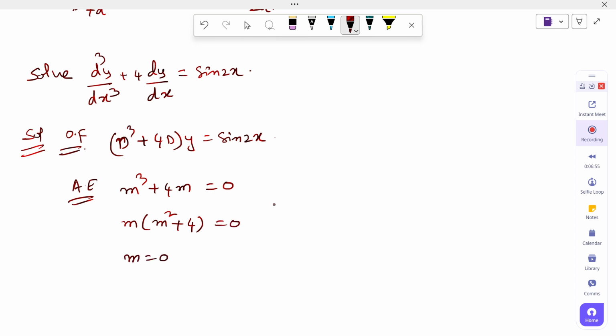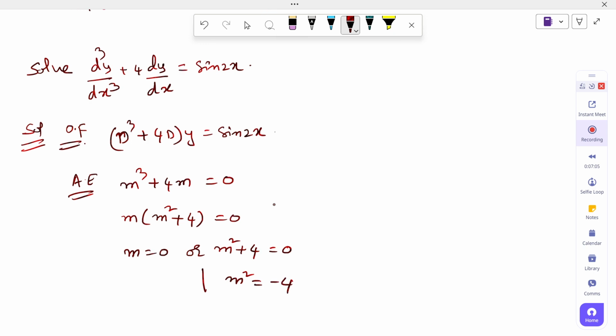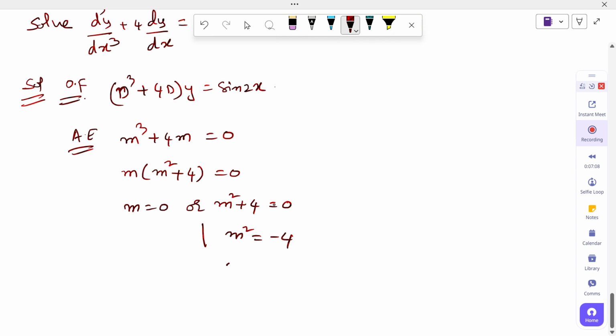So m is equal to 0, or m square plus 4 is equal to 0. m square is equal to minus 4, so m is equal to plus or minus 2i. This means m is equal to 0 plus or minus 2i.